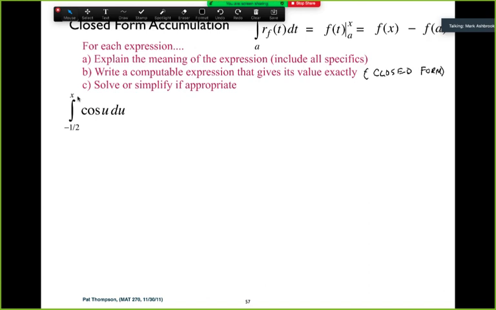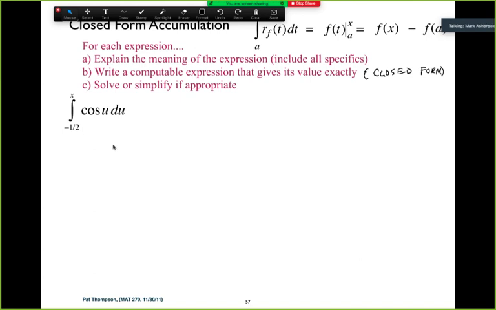Very good. This is the net accumulation from -1/2 to any value x. What is the rate of change? Is it cosine x dx? Cosine u. Yeah, cosine x, right? We're just using u as a placeholder for the x value. So the rate of change is cosine x, and we want the net accumulation from -1/2 to x.